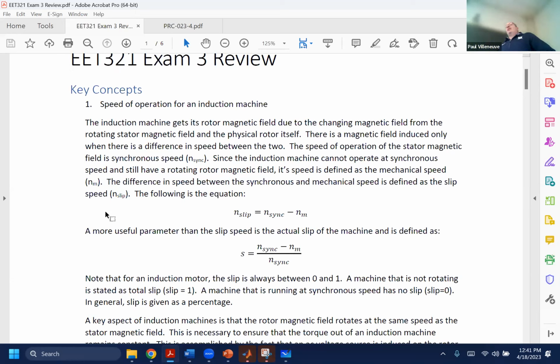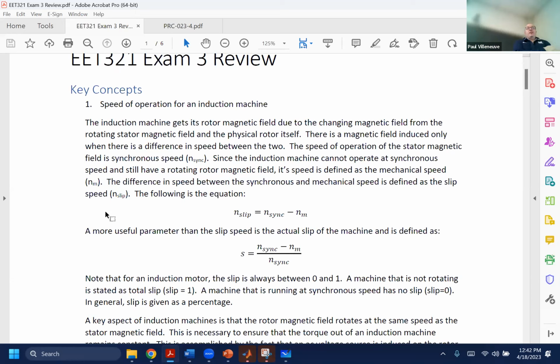And the reason why it can't operate at 1800 RPM is because of that rotating magnetic field. So when we talk about the flow of the class, we did a bunch of stuff at the beginning for fundamentals. Then we got into AC rotating magnetic waves. That's just a rotating magnetic wave because we have a set of 3-phase currents going through a set of windings. Those currents would give you a synchronous speed magnetic field.